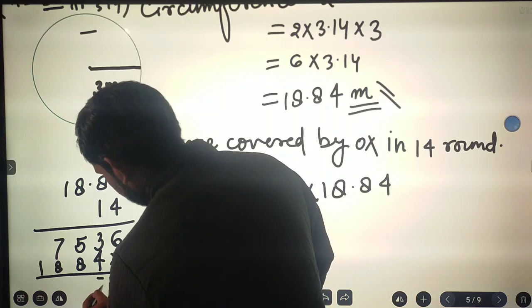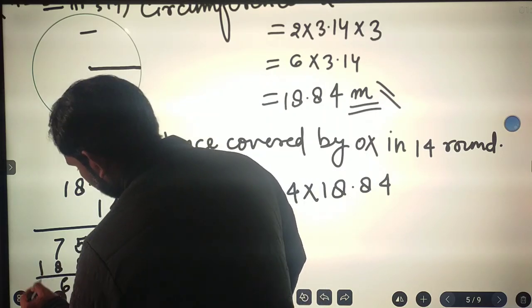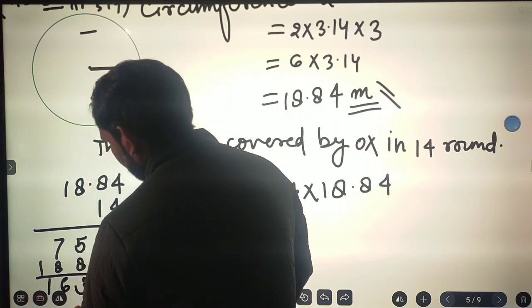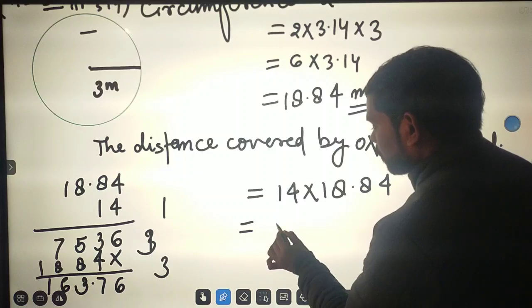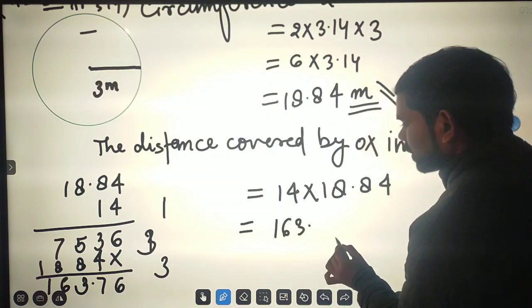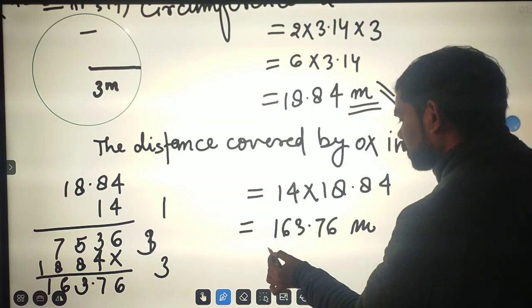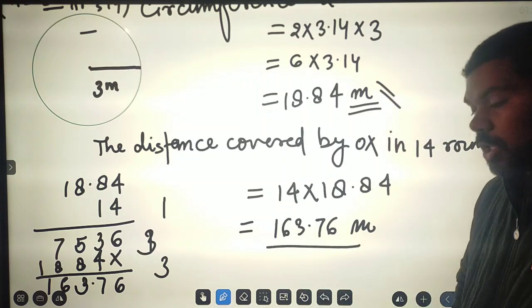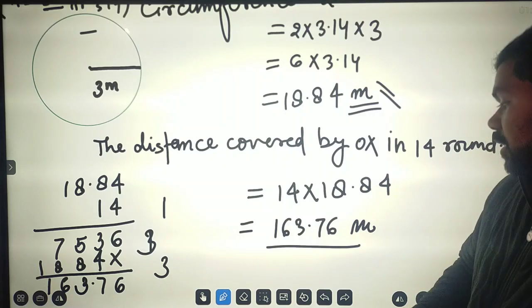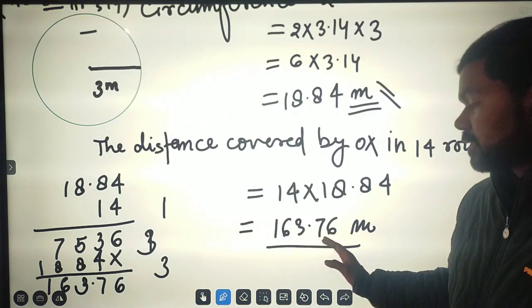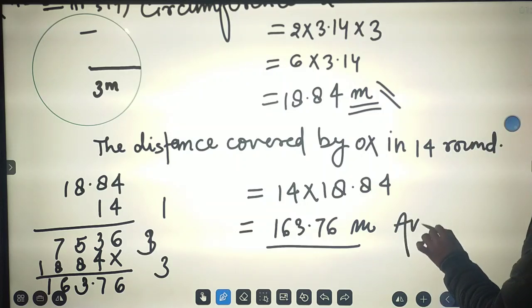Therefore, the distance is 263.76 meters. So the distance covered by the ox in 14 rounds is 263.76 meters, which is the required answer.